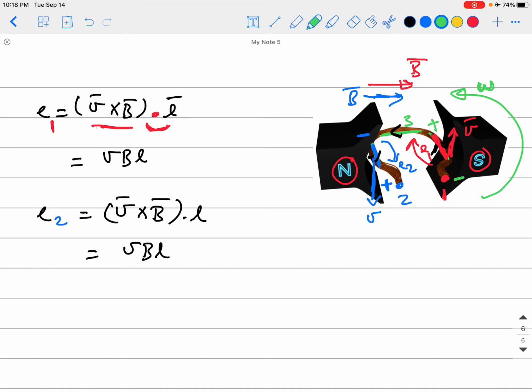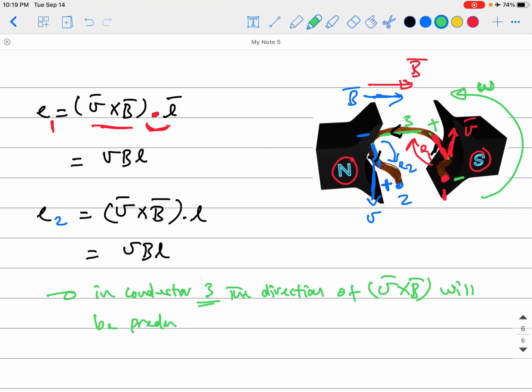Okay, guys? The point here is in conductor 3, the direction of the cross product V cross B will be perpendicular to L. Okay?